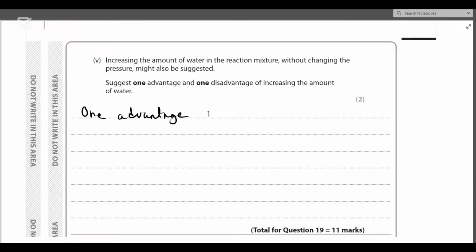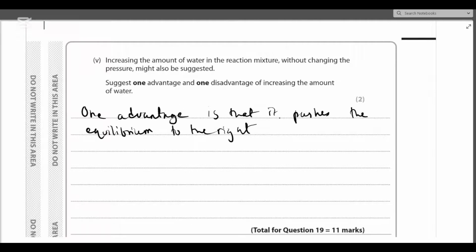So we can say it pushes the equilibrium to the right, hence increasing the yield of ethanol.